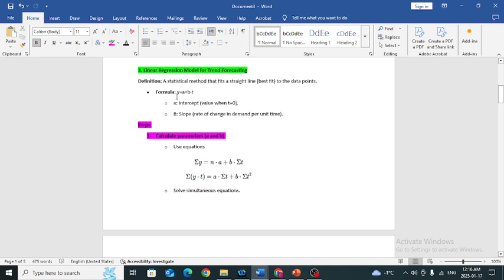So to solve this equation, we should solve for a and b using the formula. To achieve the numbers of a and b in the linear regression, you should use this formula.